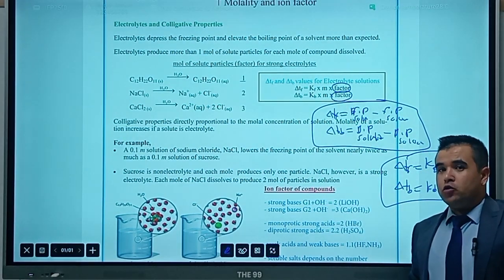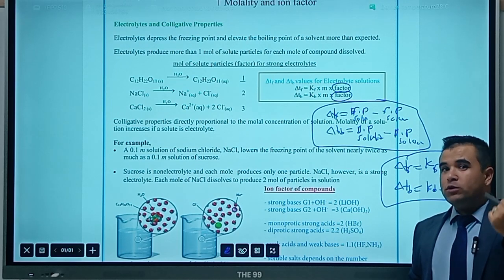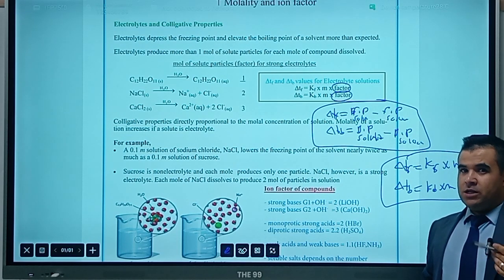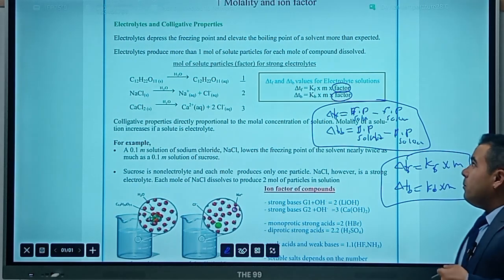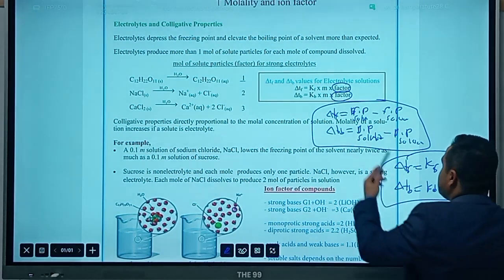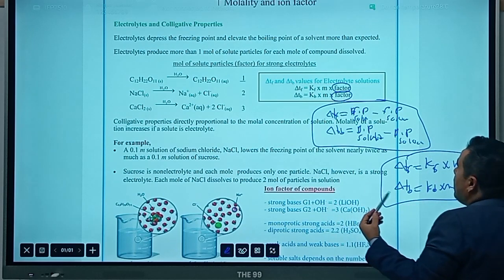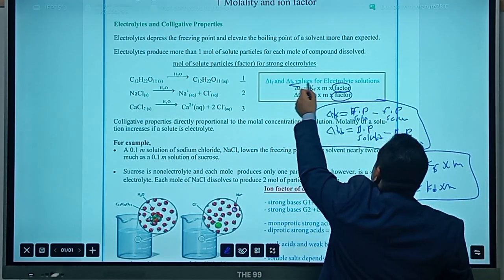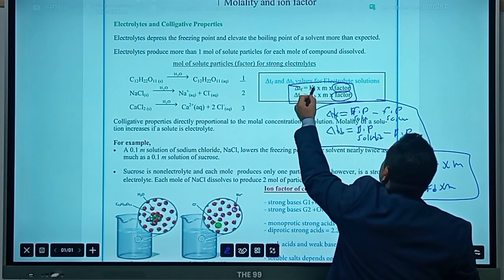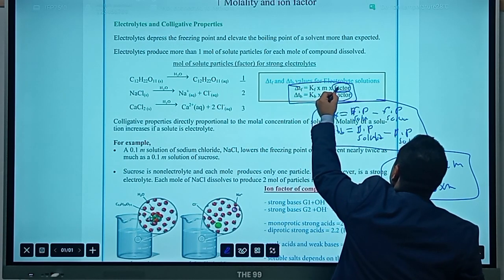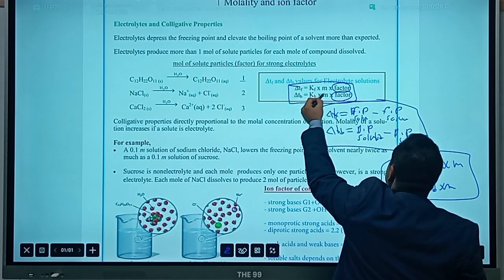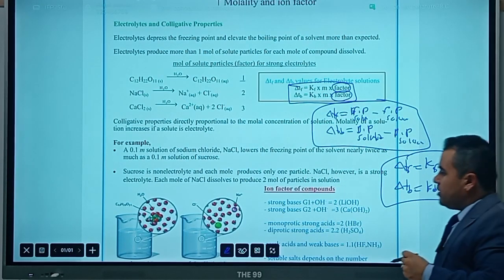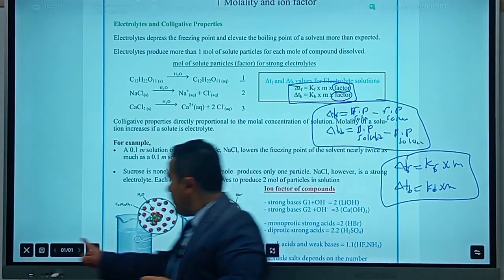Because the ion factor of the non-electrolytes is 1, we did not consider it in the calculations. But the ion factor of the electrolytes is more than 1, that's why we have to include the ion factors. The equation becomes Kf multiplied by molality multiplied by the ion factor, and Kb multiplied by molality multiplied by the ion factor. That's for the mathematical solutions.